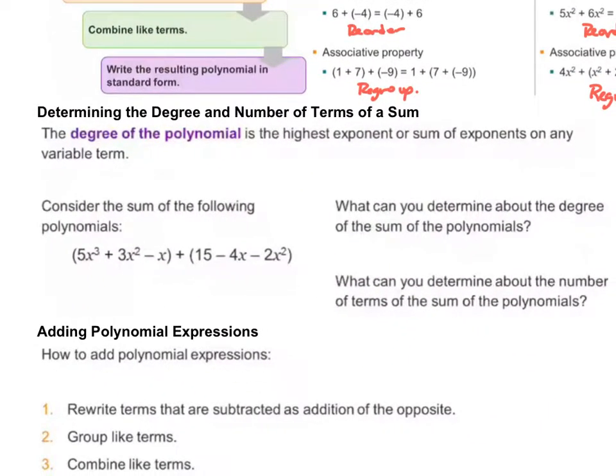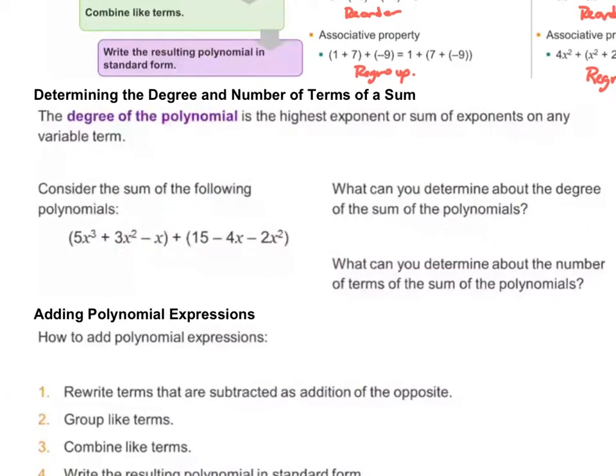What I want to do here is determine the degree and the number of terms of a sum. Remember, the degree of the polynomial is the highest exponent or sum of exponents on any variable term. So I have the sum of the following polynomials: 5x cubed plus 3x squared minus x, plus the polynomial 15 minus 4x minus 2x squared.